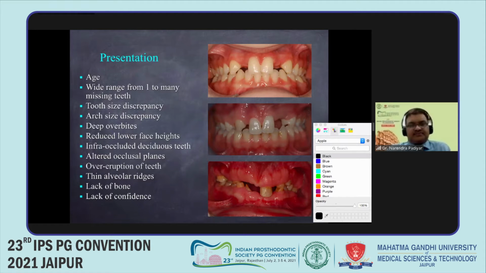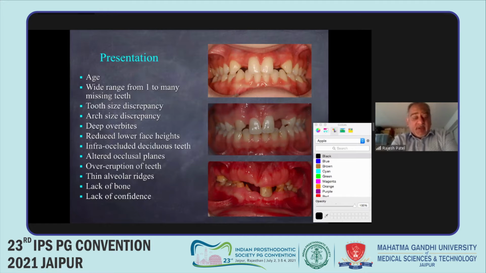So, presentation. We have such a wide variety, and the most common is the upper lateral incisor teeth that are missing, but invariably it could be one tooth that's missing. But associated with this is tooth size discrepancy, smaller teeth, conical teeth, arch size discrepancy.